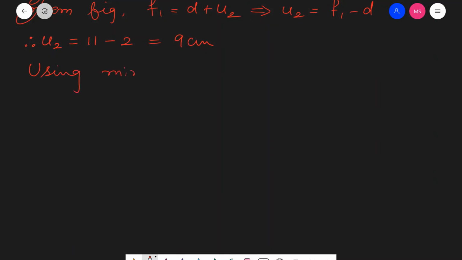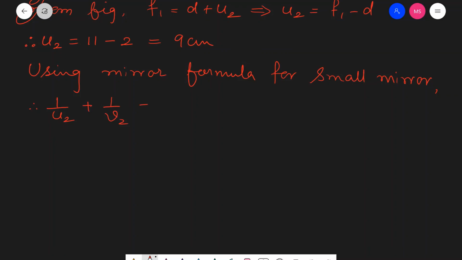Now using mirror formula for small mirror, remember we have to find v2. So therefore 1 over u2 plus 1 over v2 is 1 by f2. So therefore 1 by v2 will be equal to 1 by f2 minus 1 by u2.